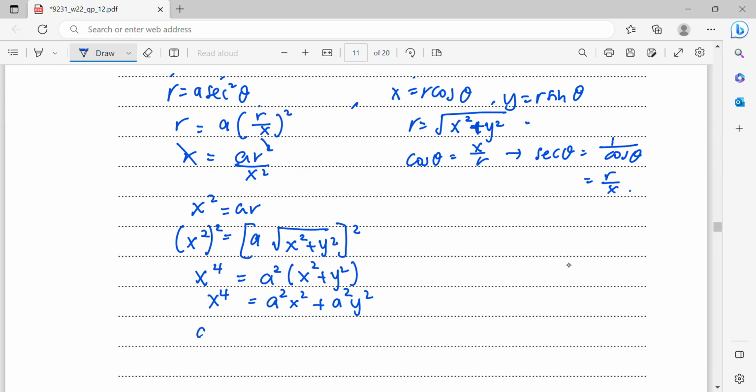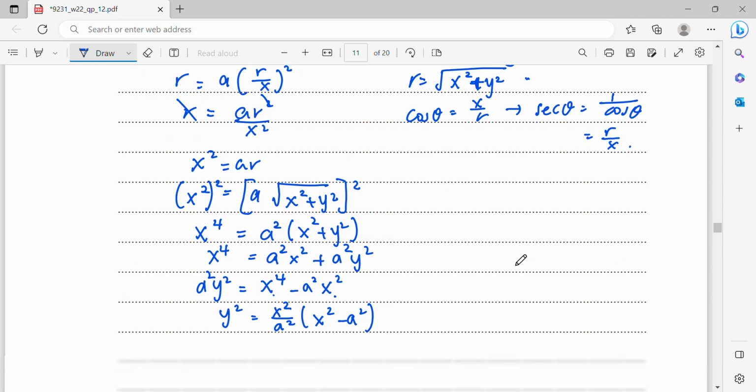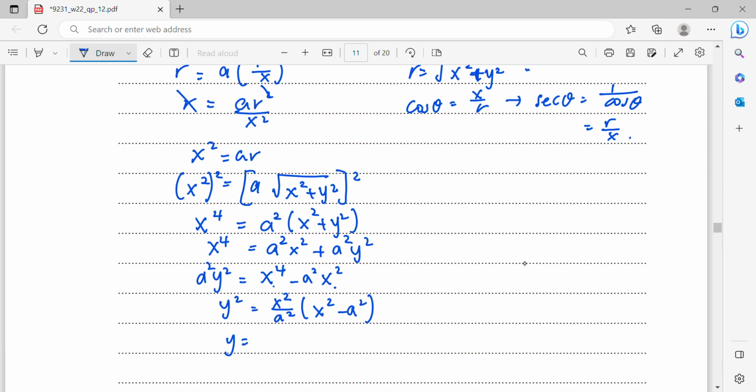So your a squared y squared will be x to the power 4 minus a squared x squared. Hence you divide by a squared, and at the same time x squared is in common. So here, x squared minus a squared.